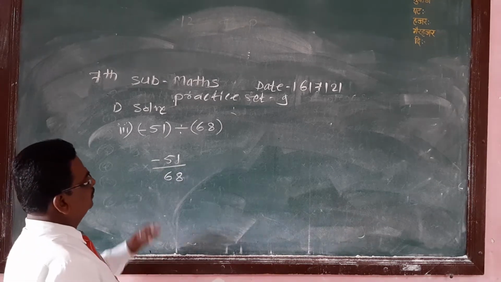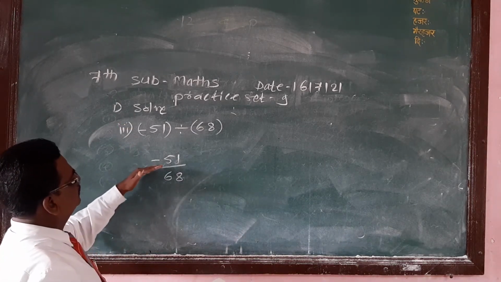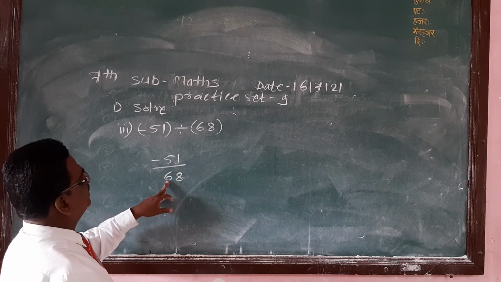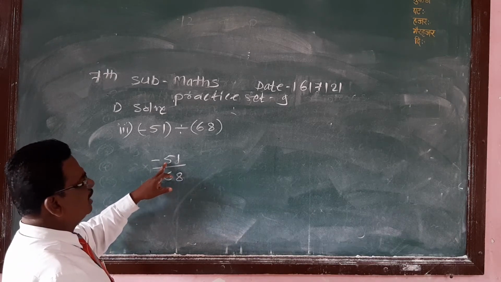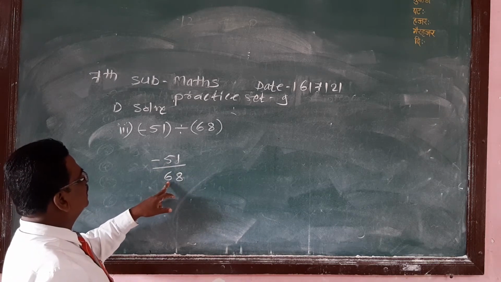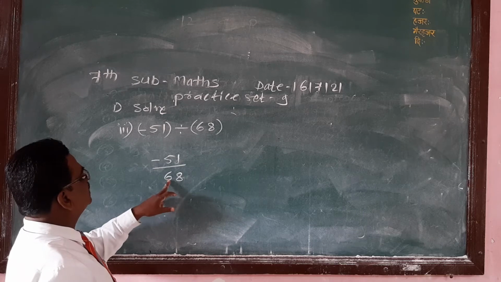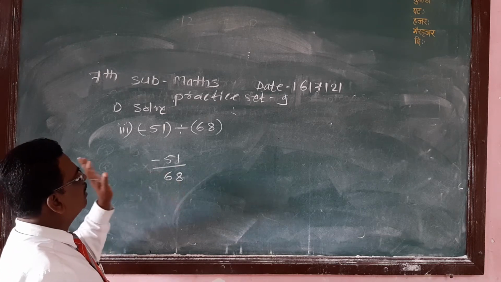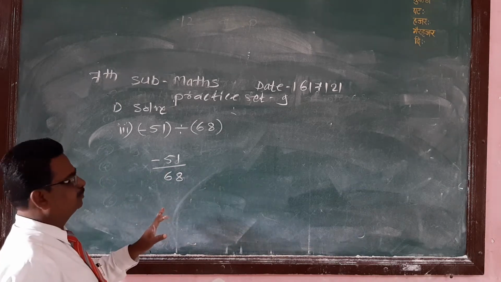Here we will divide: 6 plus 8 is 14, we did not divide here by 2. Then 3: 6 plus 8 is 14, we did not divide by 3.